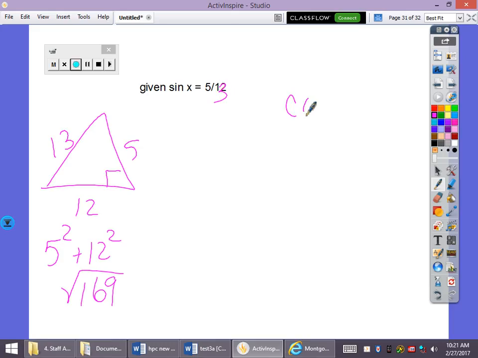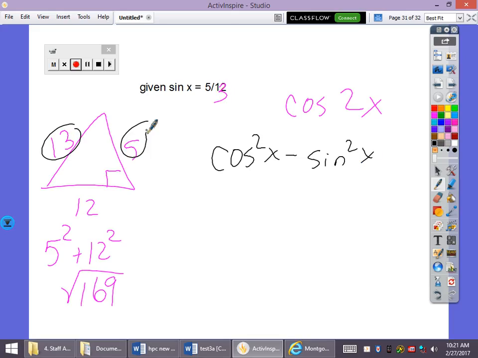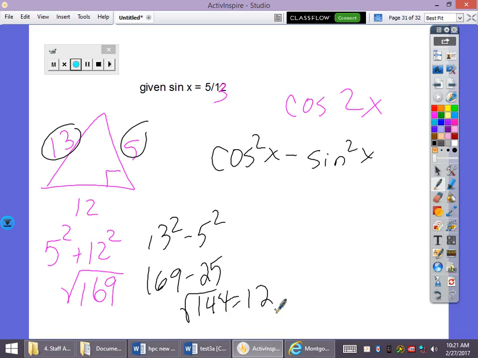All right, they want cosine 2x. What is the formula for cosine 2x? Cosine squared minus sine squared. You should have done 13 squared minus 5 squared. So what is cosine worth? 5 over 13 squared minus what's sine worth? 12 over 13 squared.